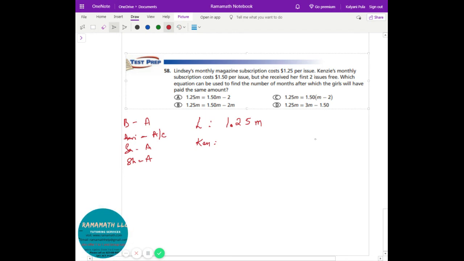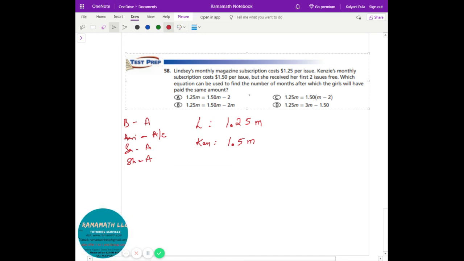So she's not paying $3. Make sense? Yes? Okay. Now, if I look at the first one, $1.50 per month, it looks good. But taking away 2, that doesn't make sense. The reason behind it is she's getting 2 months free, not $2 free.